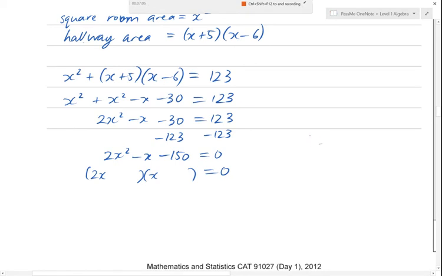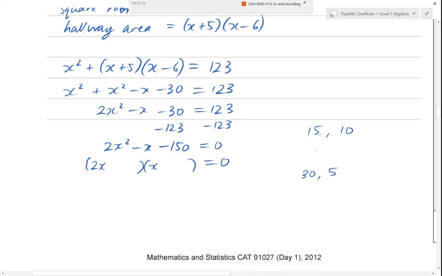So let's see, we've got 15 and 10. We've also got 20 and 5. What else are we going to have here? We'll have 30 and, sorry, that 20 and 5 isn't right. 30 and 5 is what I should have had.